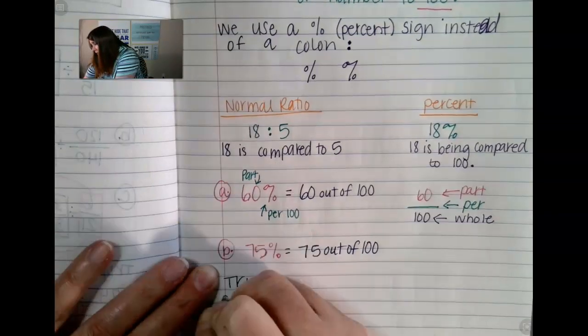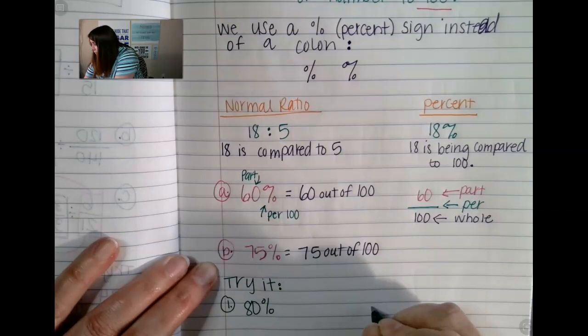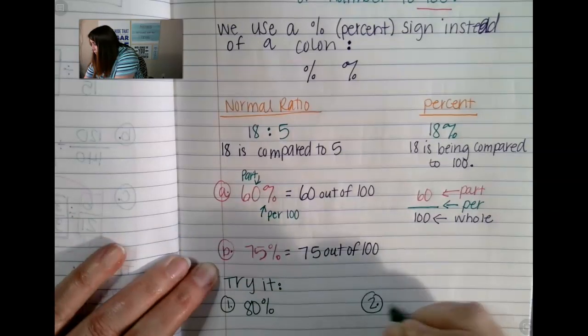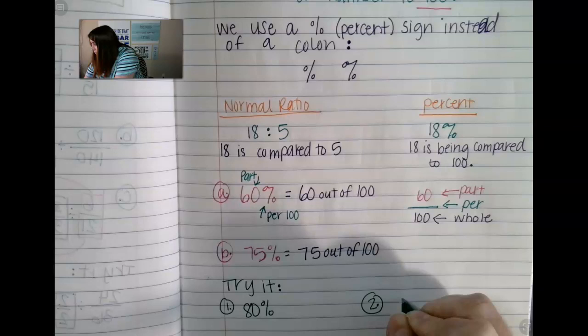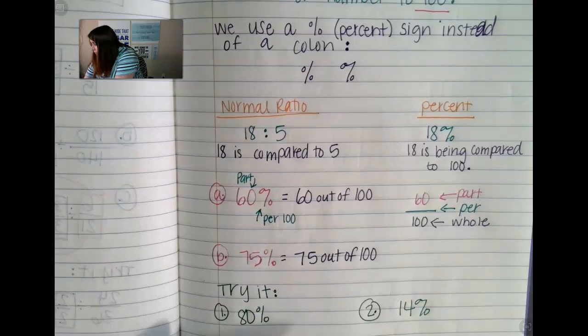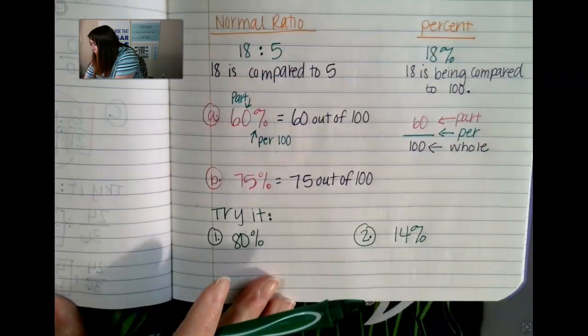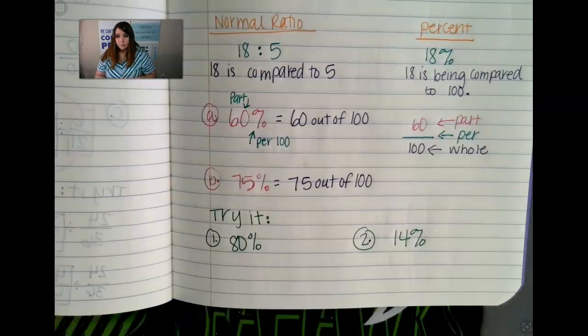Try-it number 1, I have 80%, and try-it number 2, let's do 14%. So tell me what these 2 try-its actually mean. Okay, hit pause so that you don't hear me talking, and then when you are ready, go ahead and hit play.